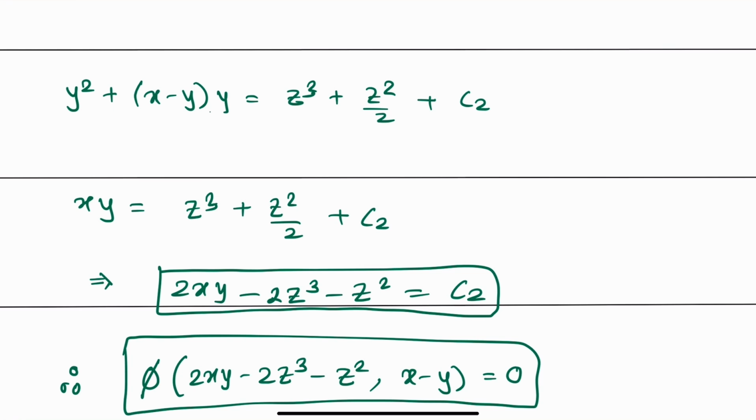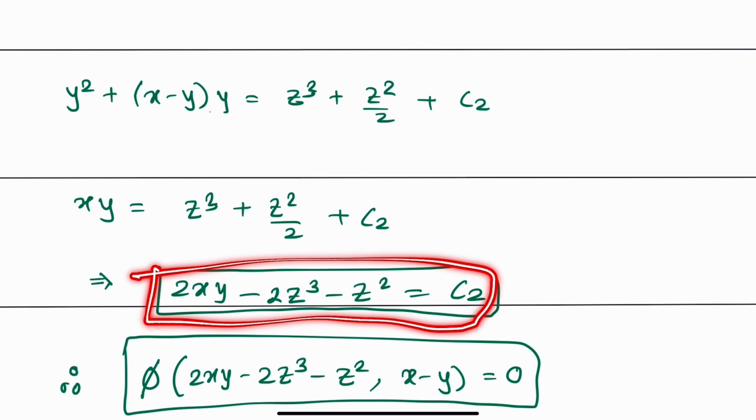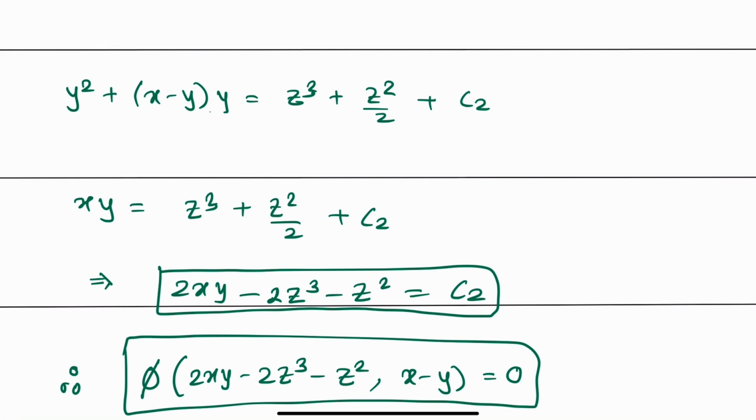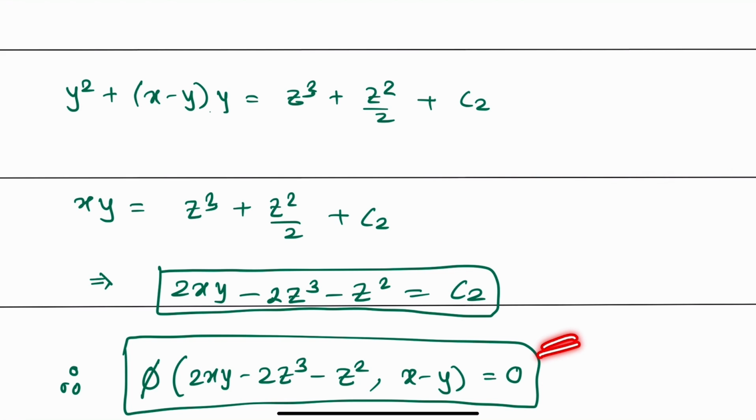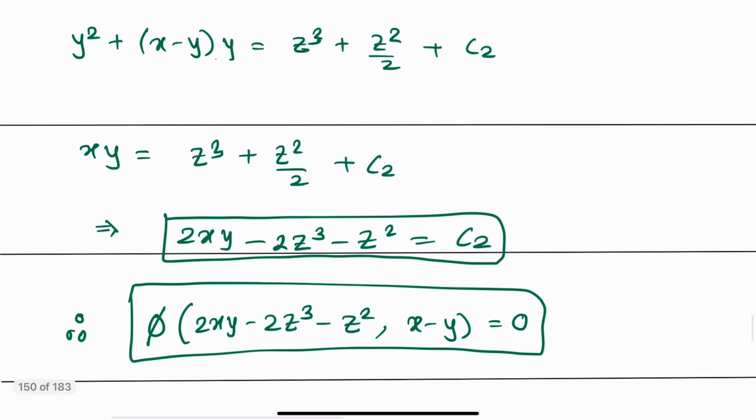Just simplifying it, you will get this as the answer: 2xy minus 2z cube minus z square equals c2. And finally, we will write the answer in the form of phi of c1, c2 equals 0. This is the required orthogonal surface. That's it. In the next video, we will see how to solve type 2 problems. Thank you.